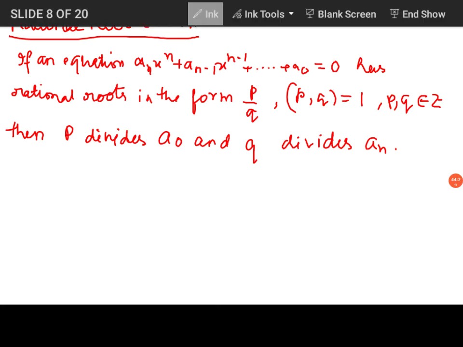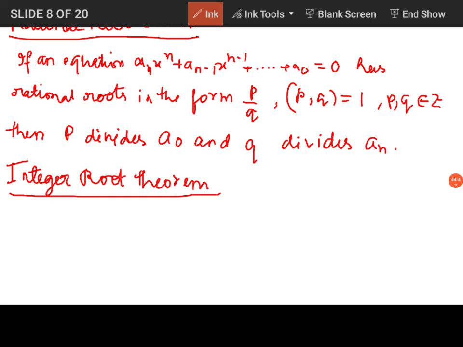Now another theorem is the integer root theorem, that is basically the same. Now how is it the same? Now can you tell me, this p upon q, when will this be an integer? When q is 1.